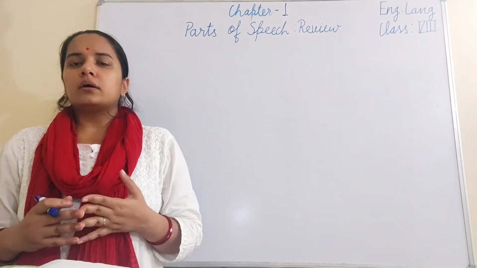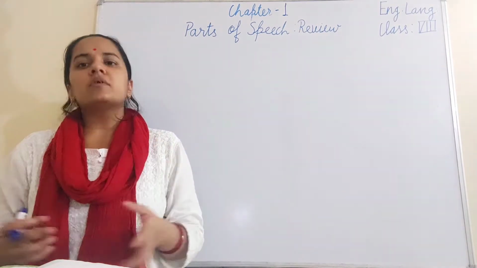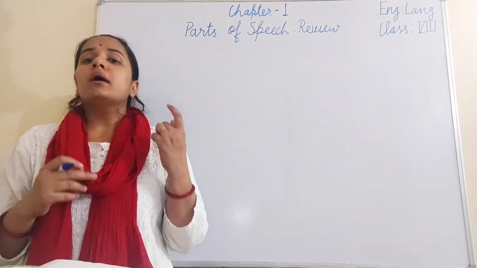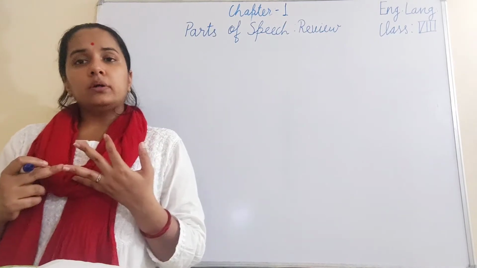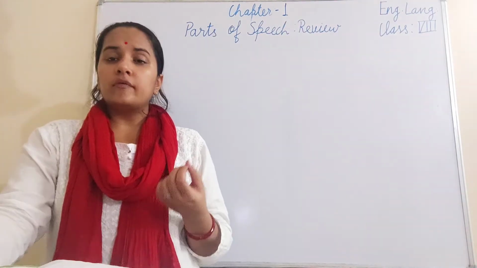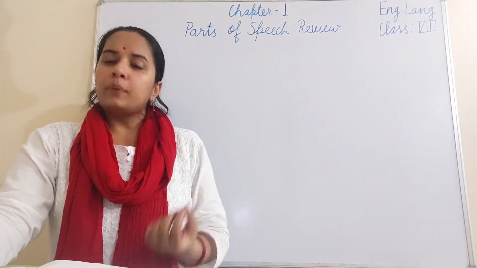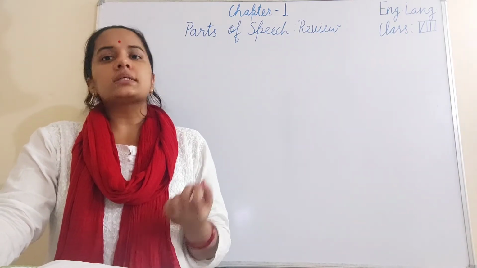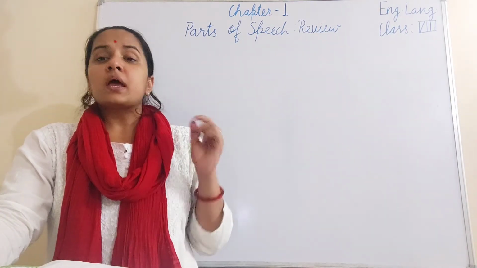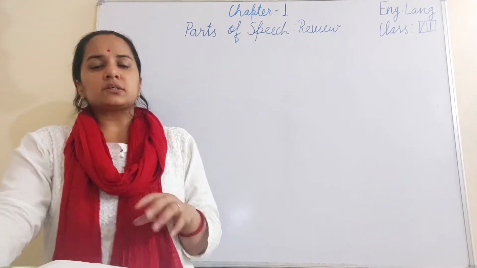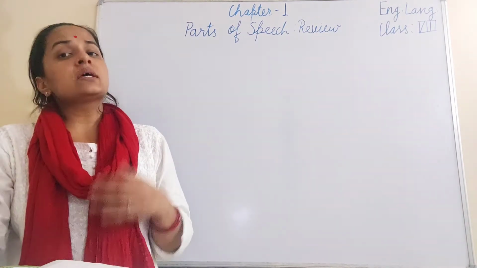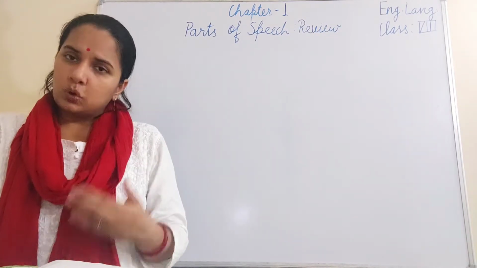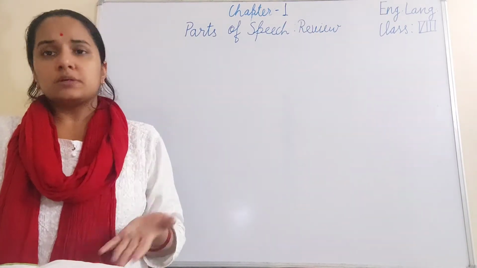So whatever we have learned, there are 8 parts of speech: noun, pronoun, adjective, verb, adverb, preposition, conjunctions and interjections. Nowadays, one more category is added to this word class, which is known as determiners, and we will also learn about those determiners.